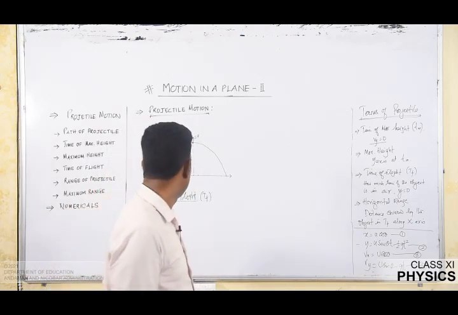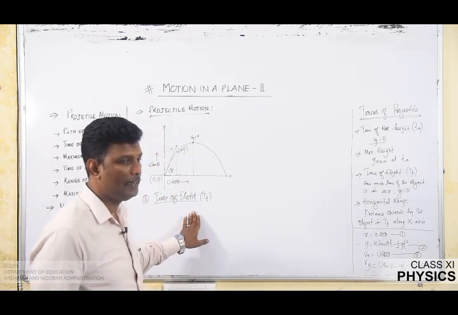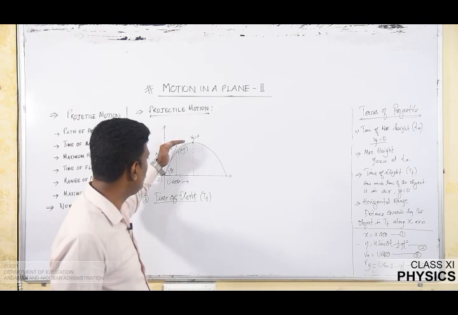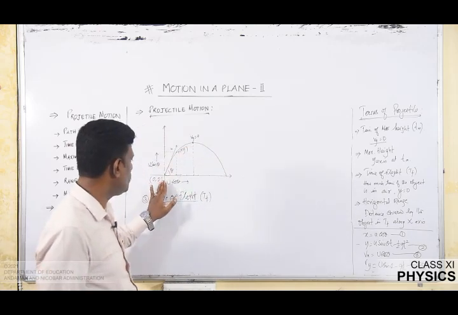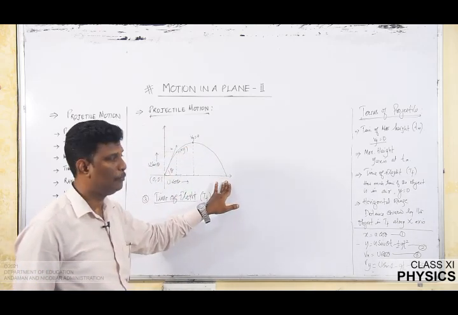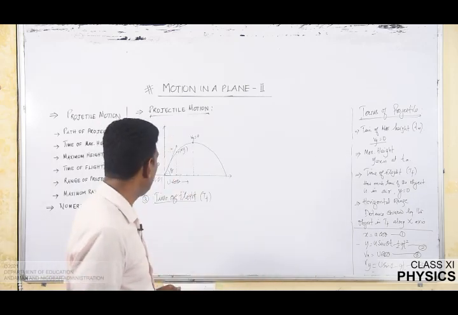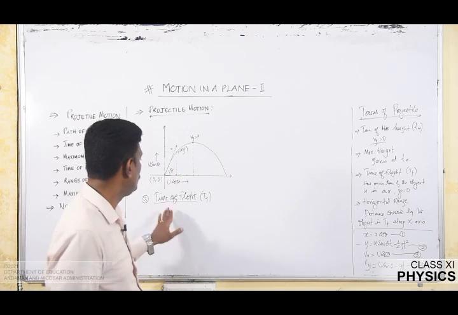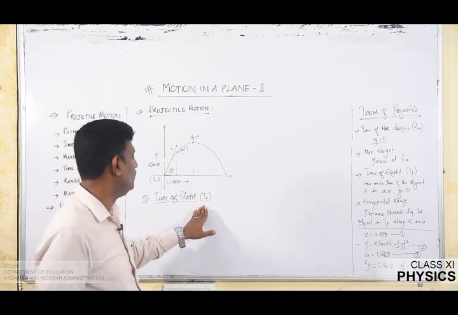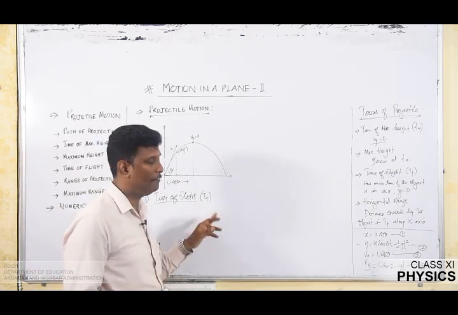Next is time of flight, that is the time taken by the object from the initial point to the final point, that is how much time the object is in flight. So, time of flight has been represented by Tf.